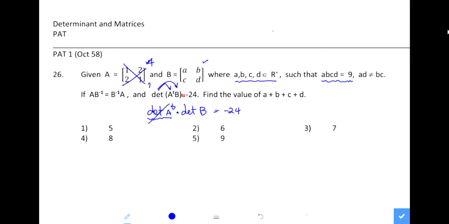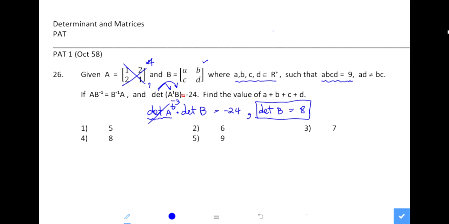So we're going to have this one equal to negative 3. And then you just have to think of it in your mind: negative 3 times det B is negative 24. So nothing else det B can be except 8. So det B is 8. I'm going to put it in the box so that we can use it later.